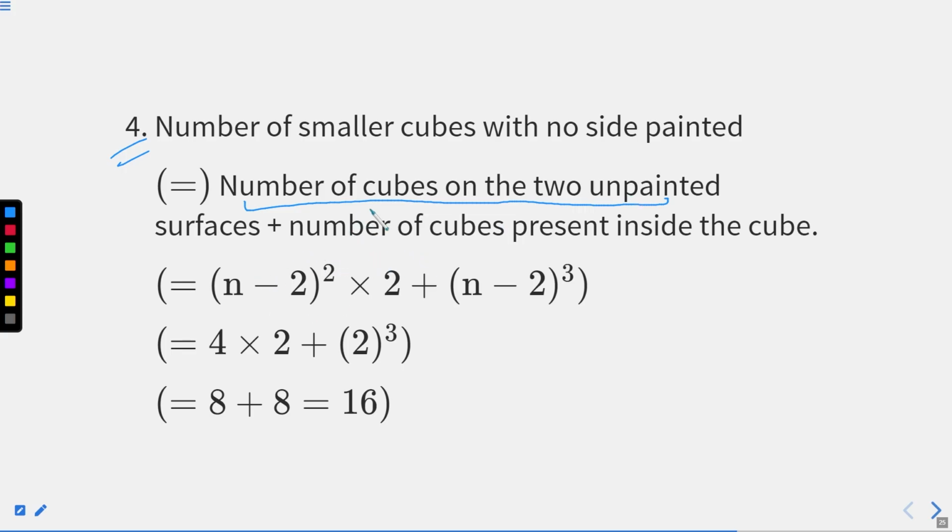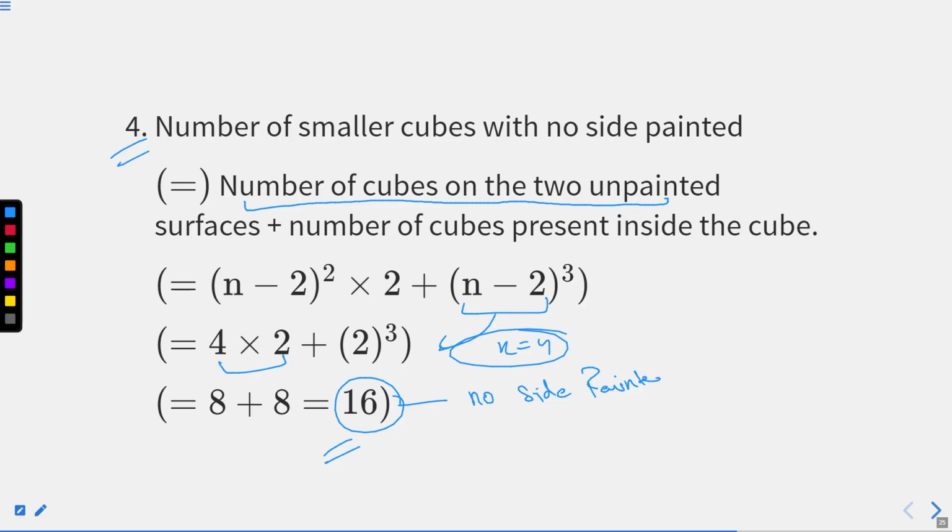Definitely they are 4 multiplied by 2, because 2 surfaces are there. It will be 8, and the cubes inside come from this formula where n is equal to 4, that we have already calculated. So again it comes out to be 16. 16 cubes are there with no side painted. I hope you are clear with this statement.